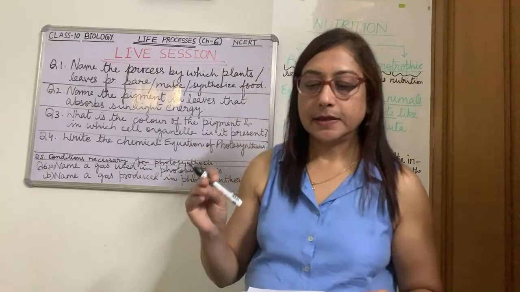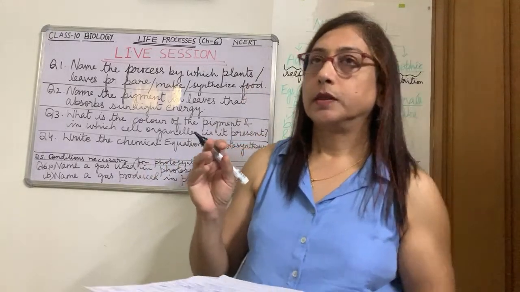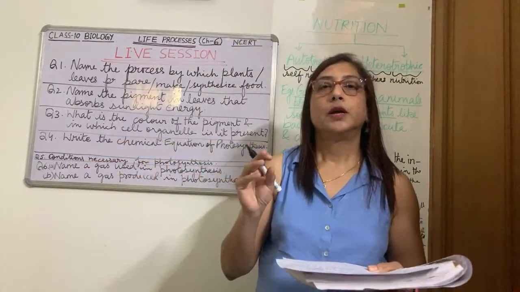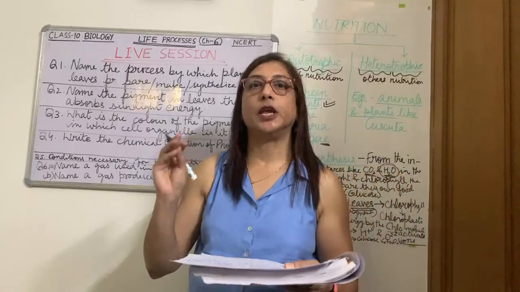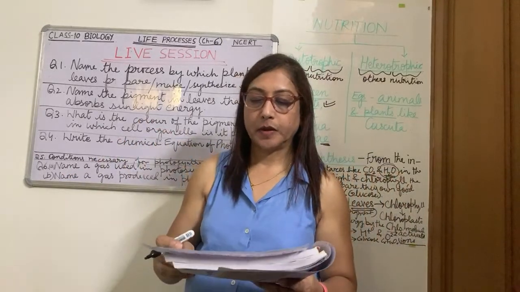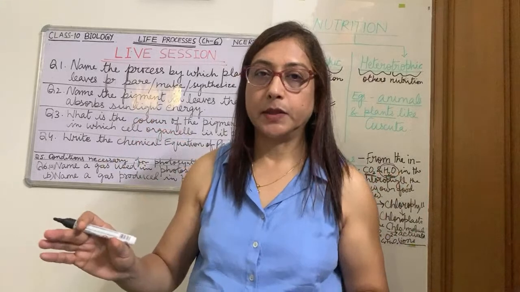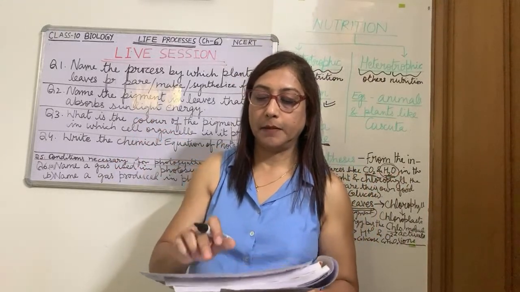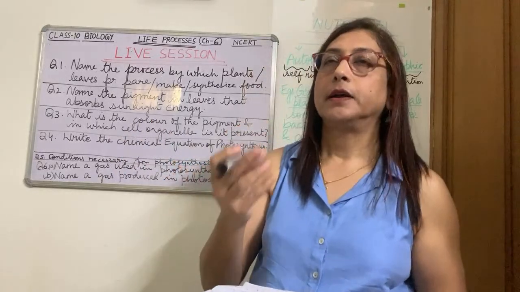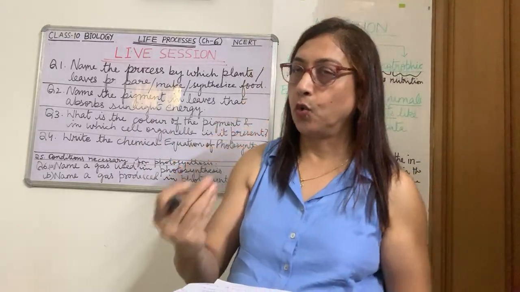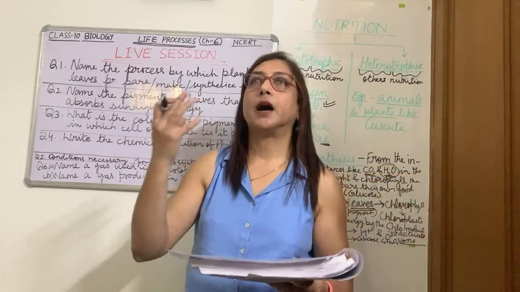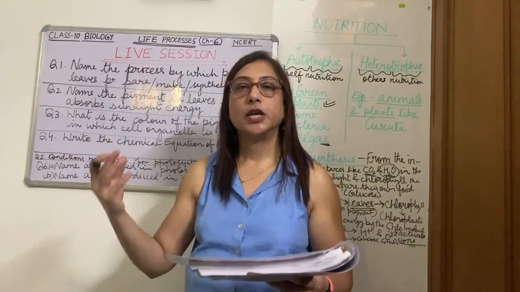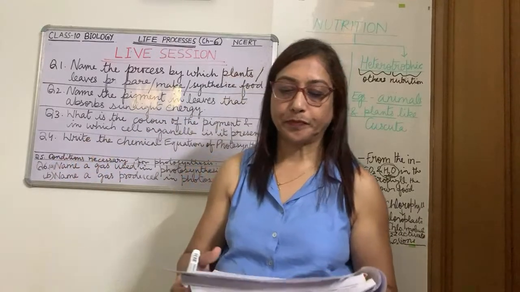So the unused food, or the unutilized food, is stored in the form of starch in leaves. This is just by the way, because glucose had come up here. So I was telling you that it is glucose which is manufactured, but the unutilized food is stored in the form of starch in the leaves.